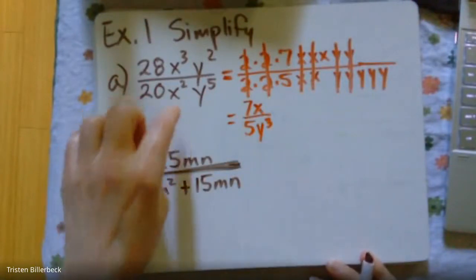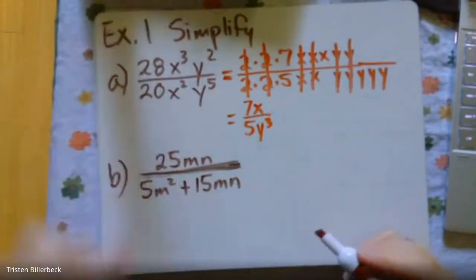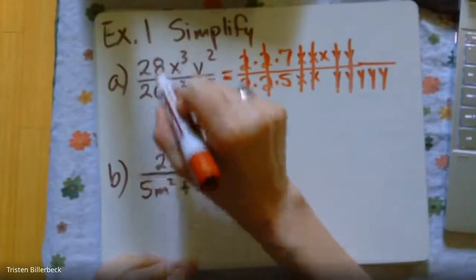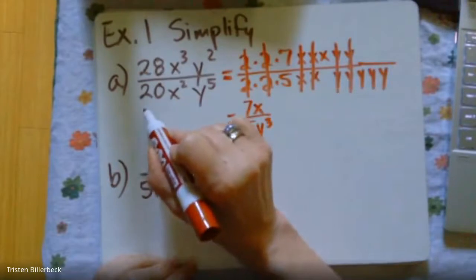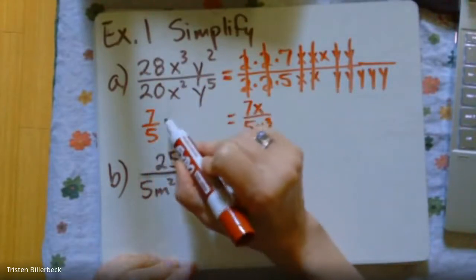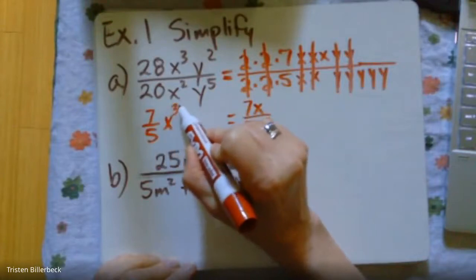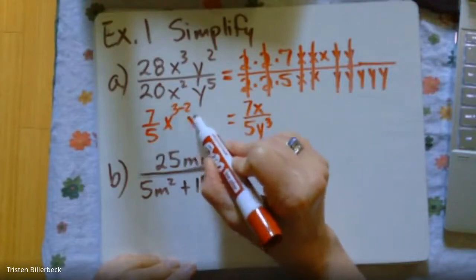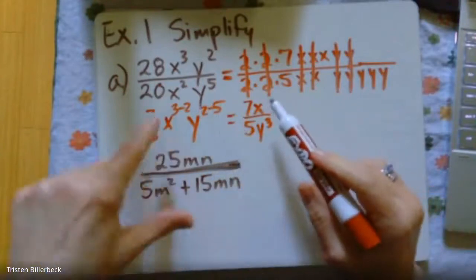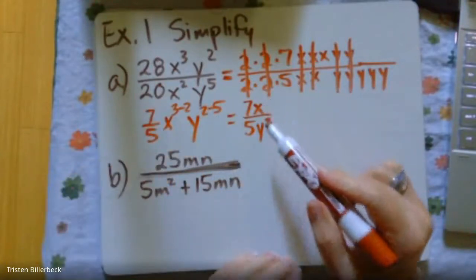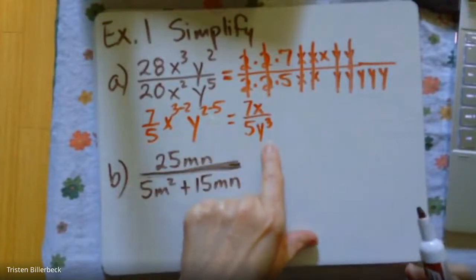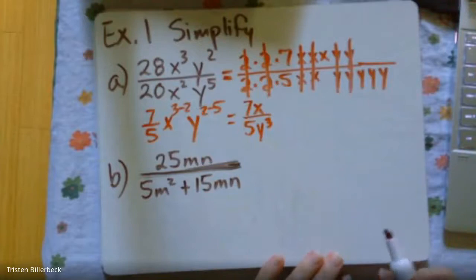If you remembered how to deal with the exponents, and you divided this by 4 in your head, you could have just done this: 7 over 5, x to the 3 minus 2, y to the 2 minus 5, and you would have gotten x to the first, which is this, and y to the negative 3, which is the same thing as 1 over y cubed.